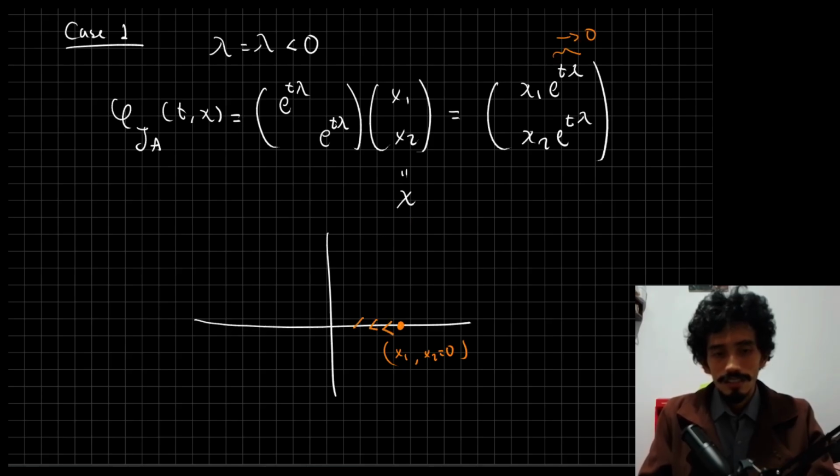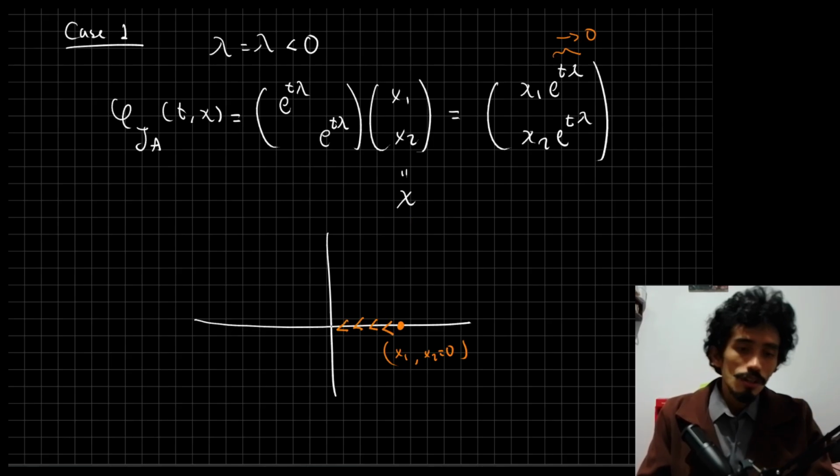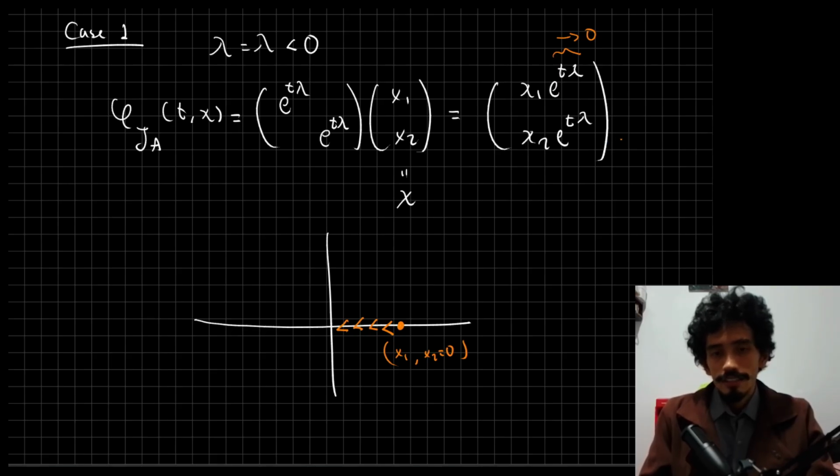So in this case the flux goes like this, and the second coordinate doesn't move because this constant is equal to 0, so it just stays at 0 in this axis.